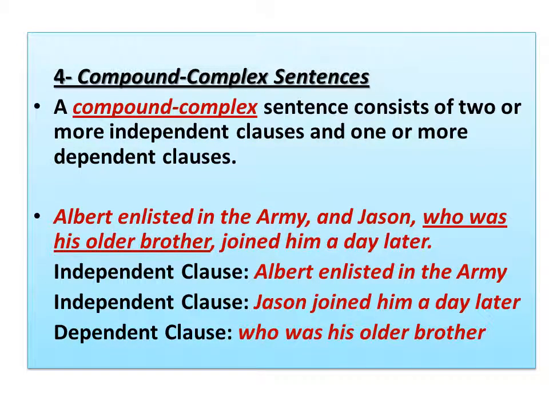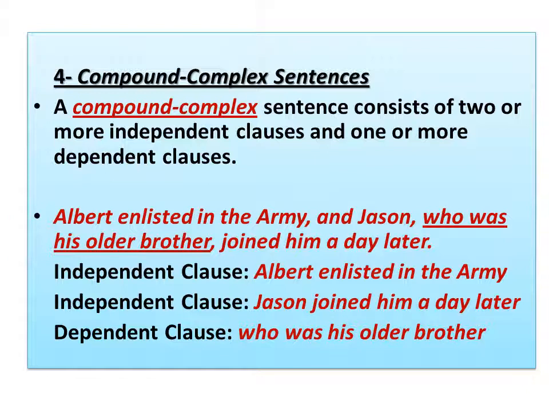أما بقى النوع الأخير compound complex. The compound complex sentence consists of two or more independent clauses and one or more dependent clauses. الcompound complex بيبقى فيها 2 أو أكتر independent و 1 or more dependent.